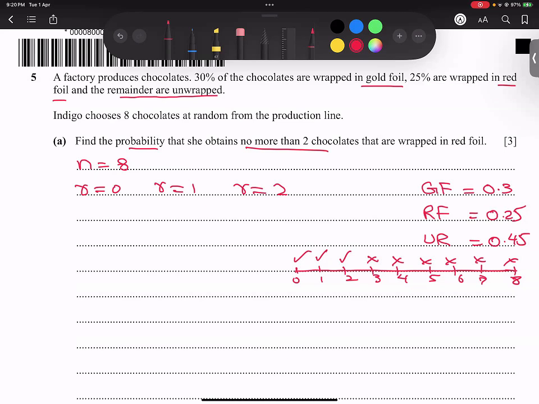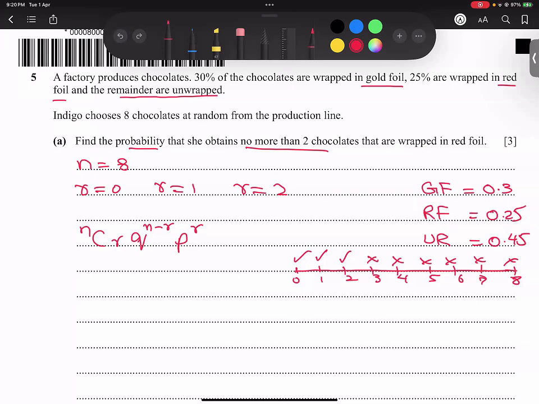So the formula is NCR, Q to the power N minus R, P to the power R. What is N? Total, how many selections there are. R is chosen at a time, okay? And Q and P are probabilities. Because we talk about wrapped in red foil, this is my priority. This is my concern.